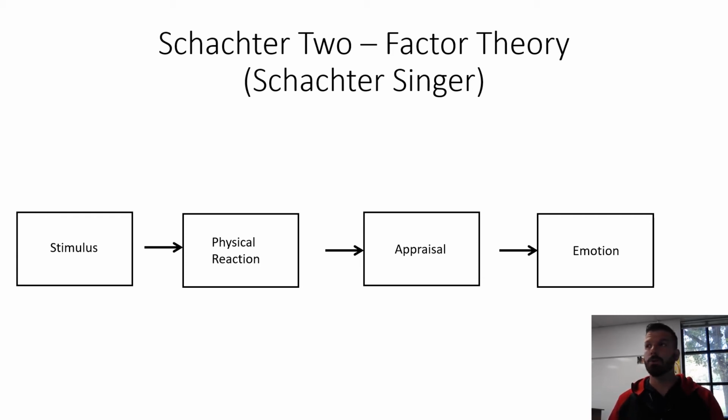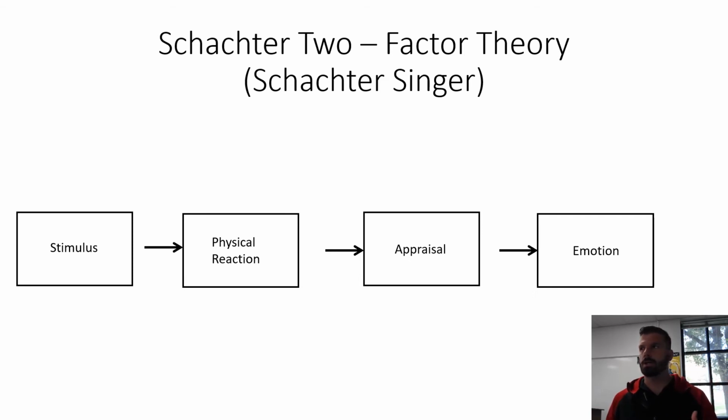Okay, and so what the Schachter-Singer theory is saying is that there has to be some sort of recognition of what is going on. There has to be some sort of appraisal of, oh, that's a bear. I know from watching television or reading books that those are dangerous. Or, oh, that person is really attractive.